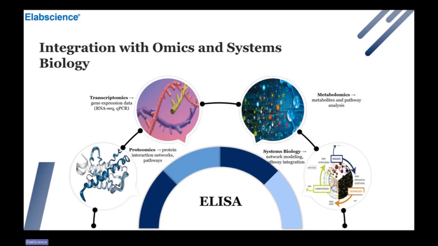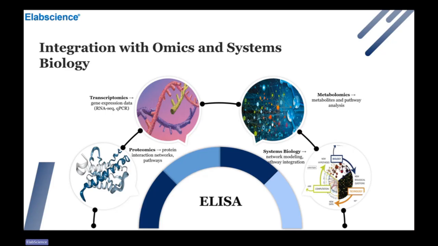ELISA data can also be integrated with omics technologies to build comprehensive systems biology models. Protein quantification from ELISA complements transcriptomic, proteomic, and metabolomic data. This integration enables a holistic understanding of cellular responses and network dynamics.